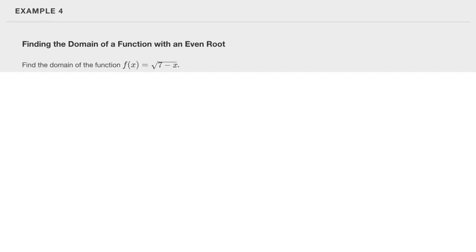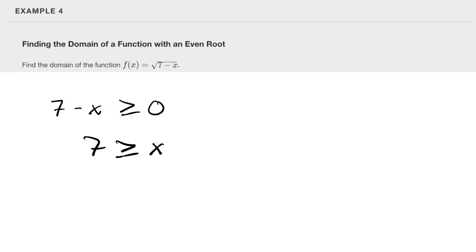So in general, for an even root, that radicand, the part inside the radical, has to be non-negative, greater than or equal to 0. So again, because we can't take the square root of negatives, the radicand, which is the 7 minus x, has to be greater than or equal to 0. Then if we solve this inequality, add x on both sides, we get that 7 is greater than or equal to x.